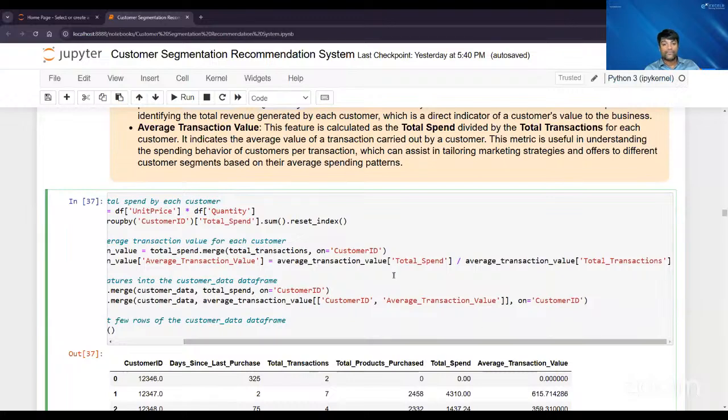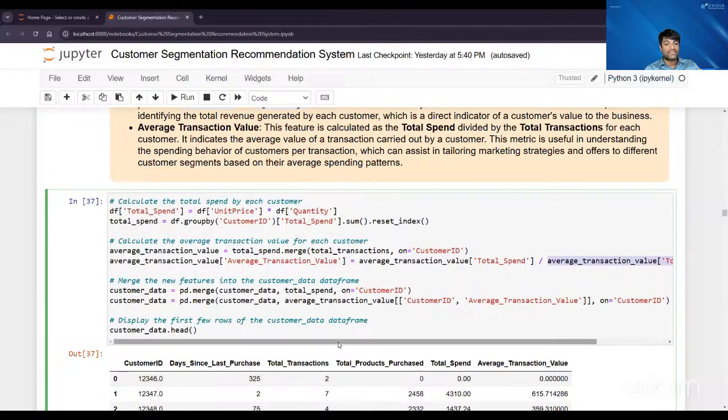You can see it here, right? Which is basically the average of the total spend divided by the average of the total transactions. So it will give you the average transaction value for the customers, or you can say on average how much amount a person has actually spent on each transaction, right?